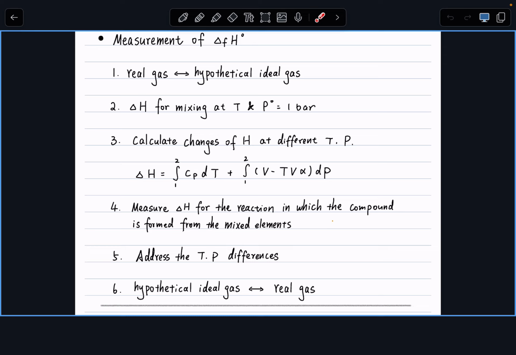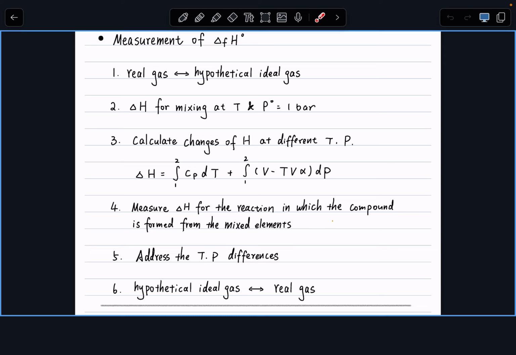Second step, now we have hypothetical ideal gases. Let's imagine those are the hypothetical ideal gases of all my reactants, right? So H2 and Cl2 now in ideal form. We want them to react with each other. So naturally, we want to mix our ideal gases, H2 and Cl2.